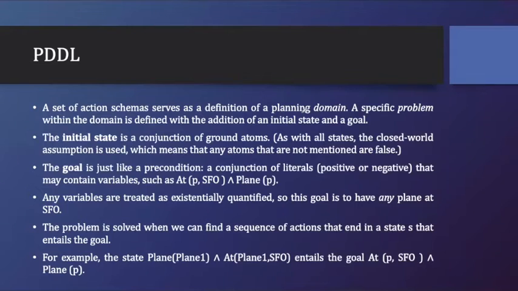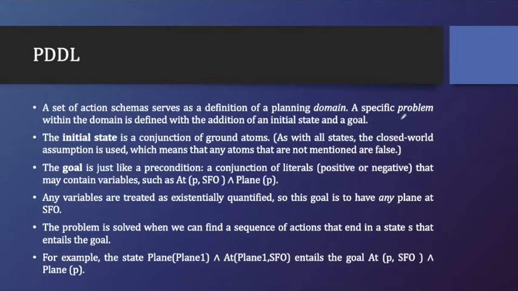So in planning, when we specify a plan to reach the goal, we should have a set of actions. The specific problem within the domain is defined with the addition of an initial state and goal. So specifically, at the very first, when we define any problem with the domain, I should know the environment. I should know my world where I am acting.